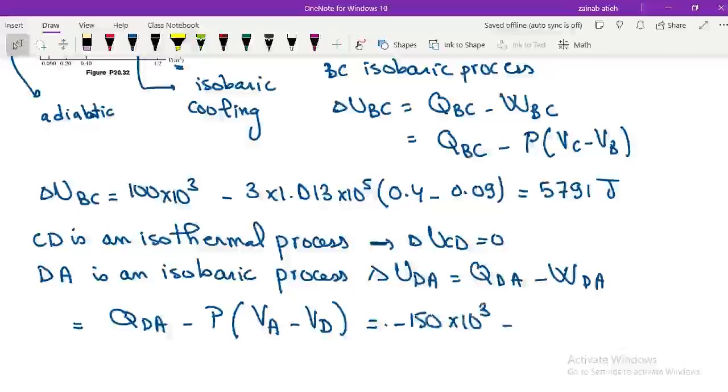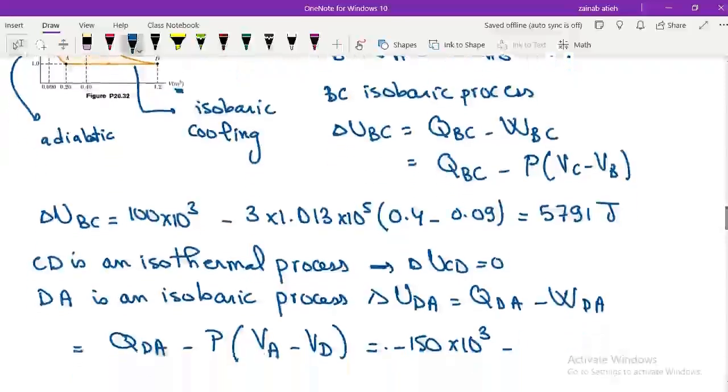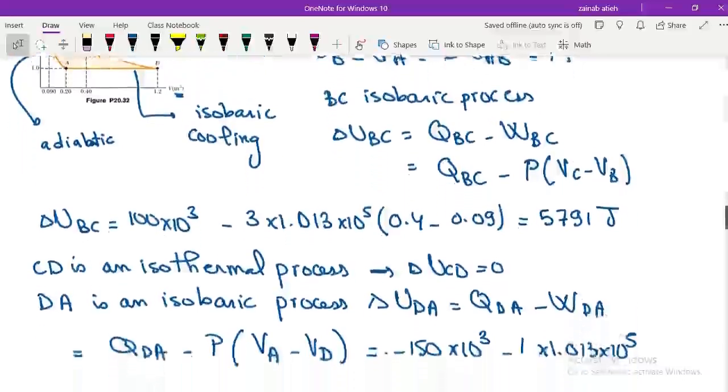Minus, let's look at the pressure. The pressure from the graph is equal to 1 atmosphere, so I have to write 1 times 1.013 times 10 to the power 5. And let's look at VA and VD. You can see that VA is 0.2, VD is 1.2.